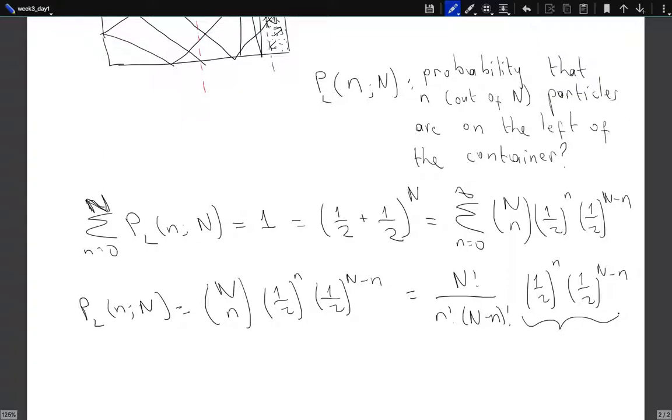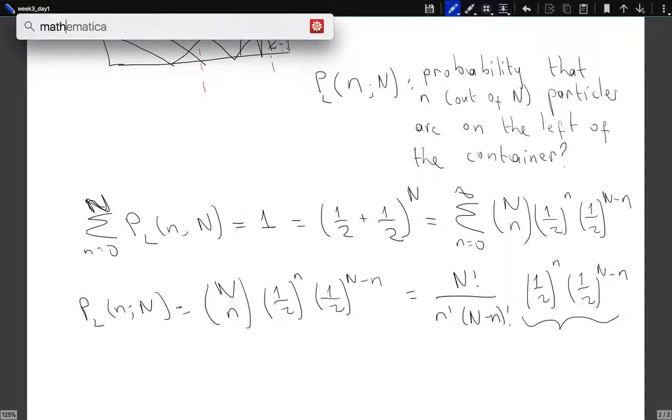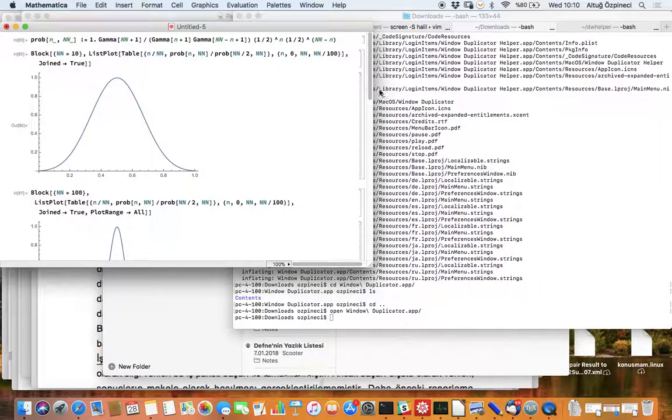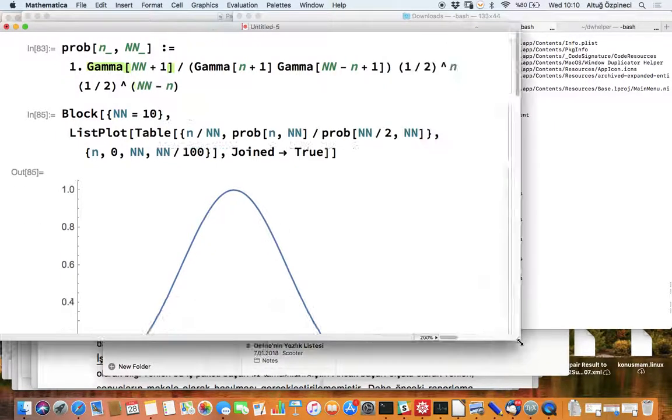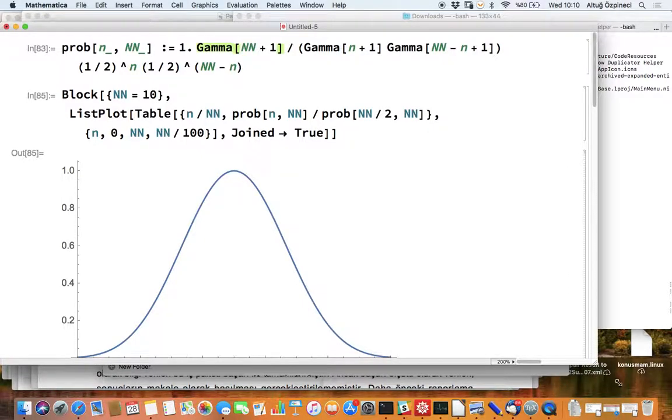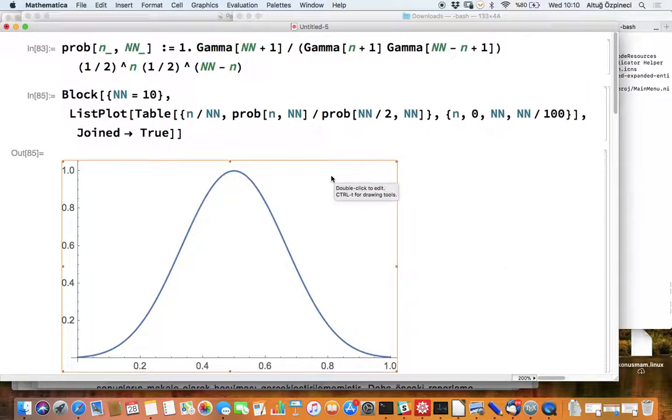Now, let's see what this function looks like. For us, it will be important. So this is the gamma function.